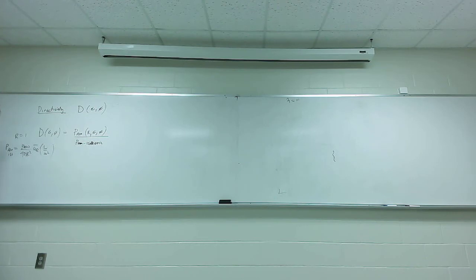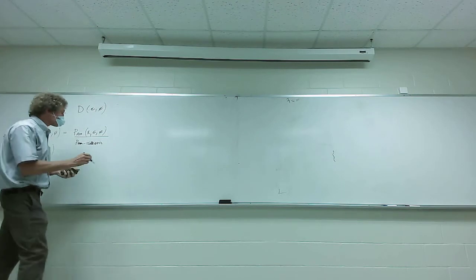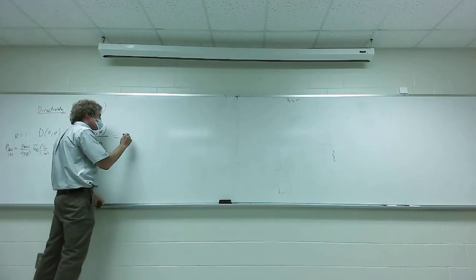But here's really how we get directivity. Since it's a ratio of the average power density over the power density that would occur if the antenna was isotropically radiating that power, what it actually comes down to is this. Write this down.